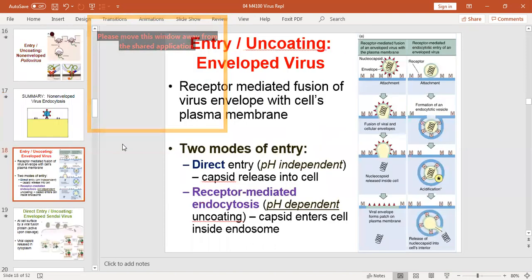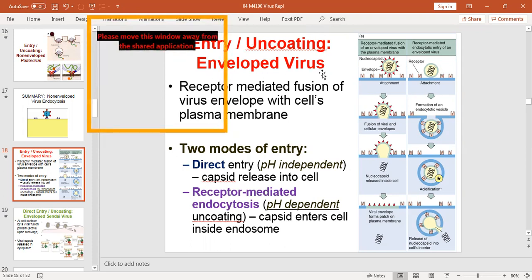Slide number 18. So far, we discussed the entry and uncoating of a non-enveloped virus such as poliovirus. Now let's talk about the entry and uncoating of an enveloped virus.